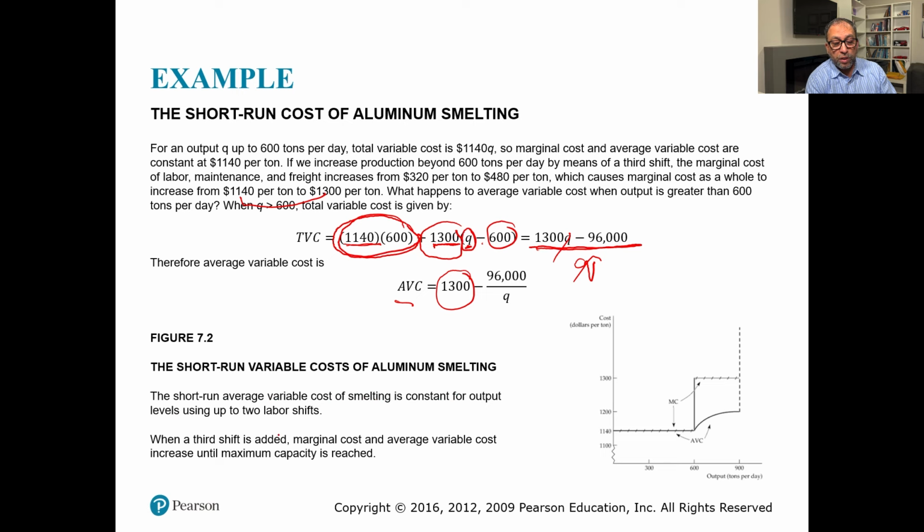When a third shift is added, marginal cost and average variable cost increase until maximum capacity is achieved. So you see here, it's a jump from 1140 to 1300, although it is going to move like this if we are producing up till 900.